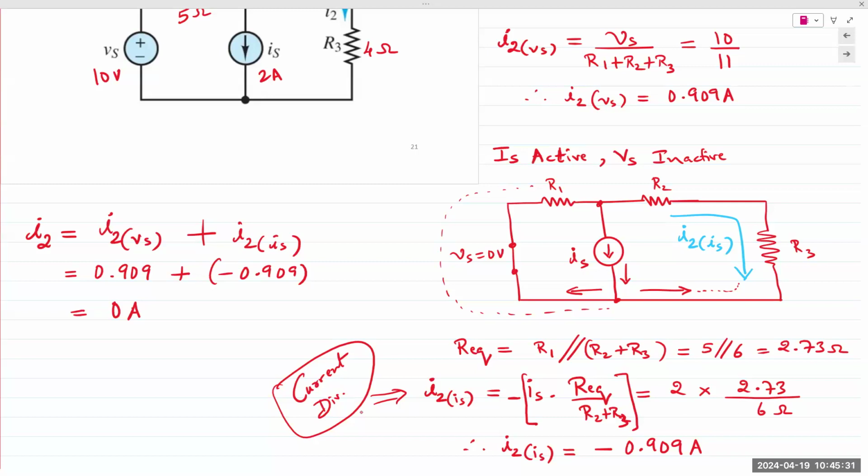Because if both ends are the same voltage, there's no current flowing through that pathway. So it's not so much a case of the voltage source sending 0.909 and then the current source countering. It's more to the point that the voltage across those two nodes will end up being 0. And that's why no current flows through there.